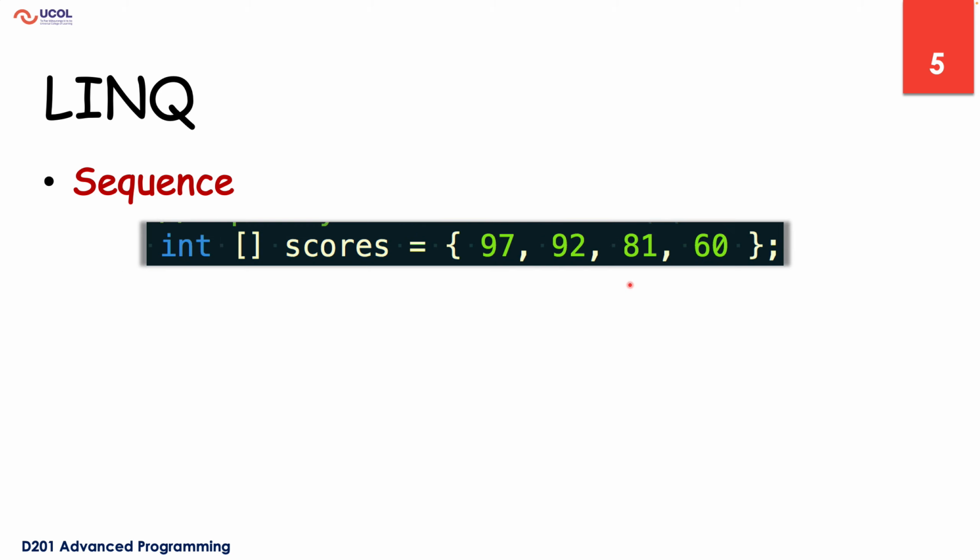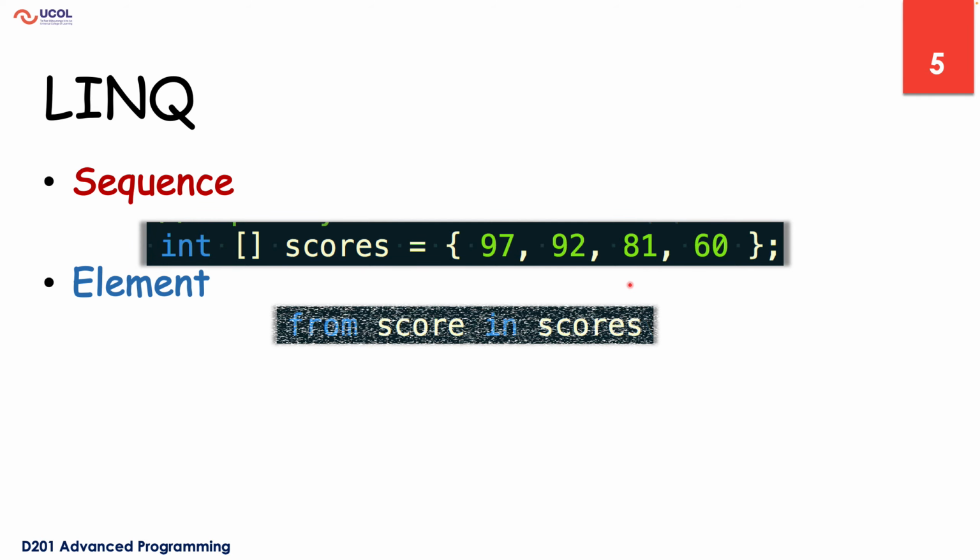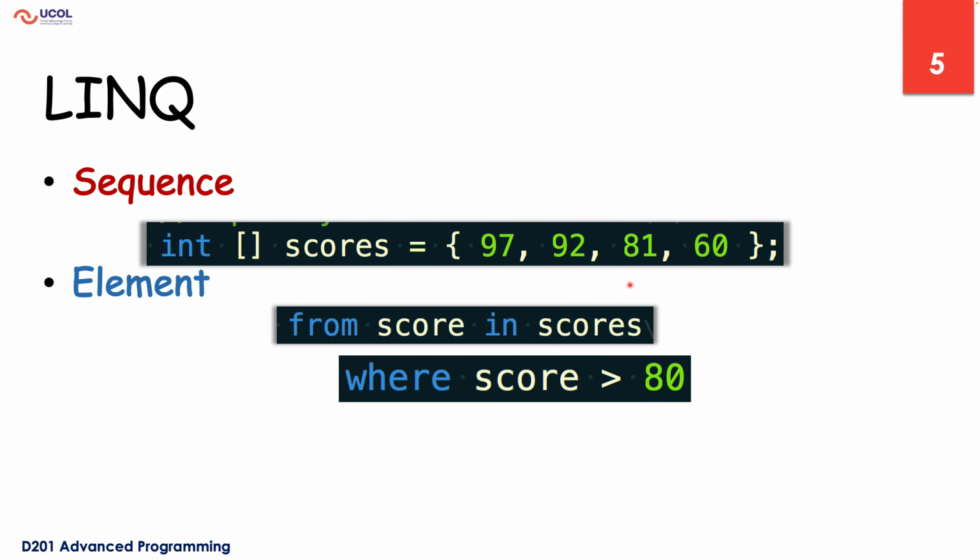So what happened? This is our integer array, or a sequence or a list. Then we apply the score is equal to 97. 97 is greater than 80. Yes, it will remain in this query. It will be selected. Again, 92 is selected, 81 is selected. But on the other hand, when we talk about 60, it is excluded, it is not selected.